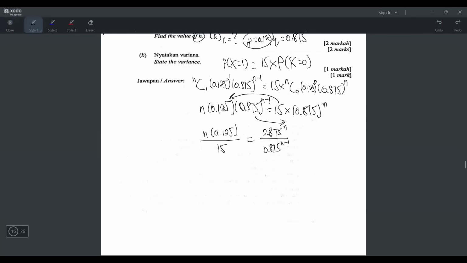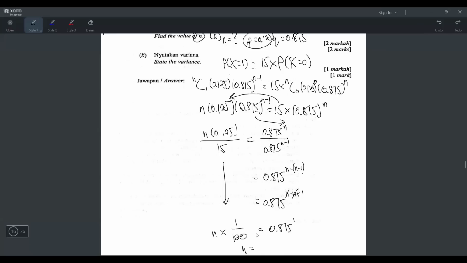We have two numbers with the same base, so when you divide, the powers have to minus. So it becomes n minus (n minus 1). But it's wrong if no bracket, we have to put bracket. Without the bracket, you think it's minus 1, but actually it's plus 1. So 0.875 power n minus n plus 1, which is 0.875 power 1, because n minus n is 0. And on the other side is just n times, okay, this 0.125 divide 15 can be done. 0.125 divided by 15, I get 1 over 120.